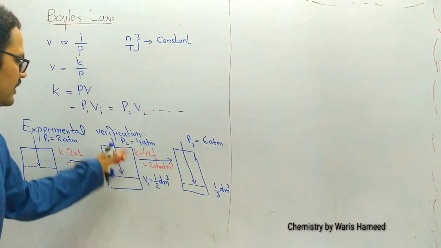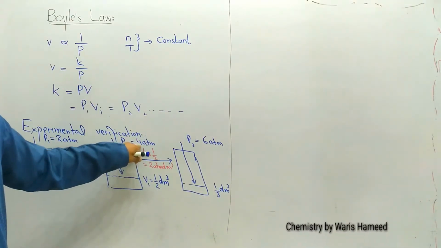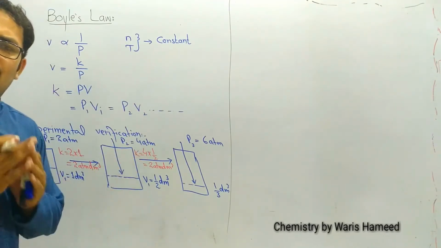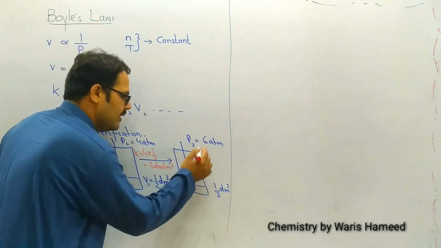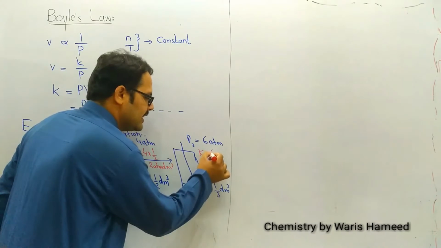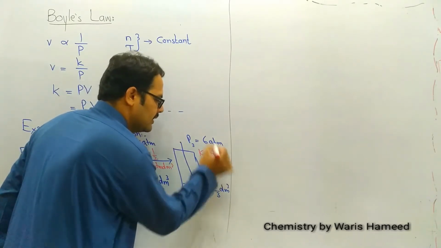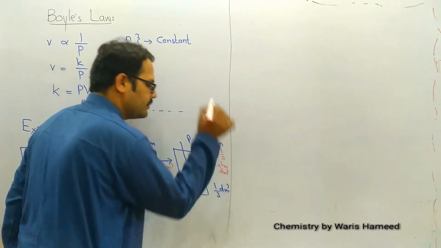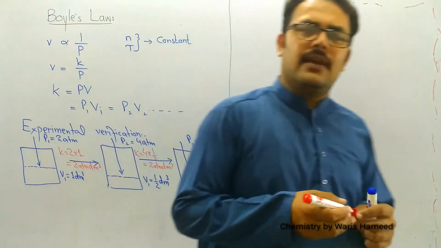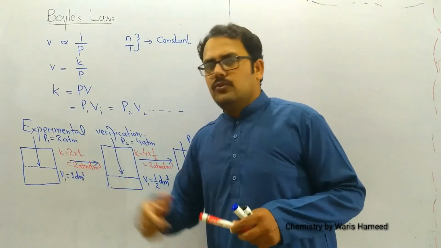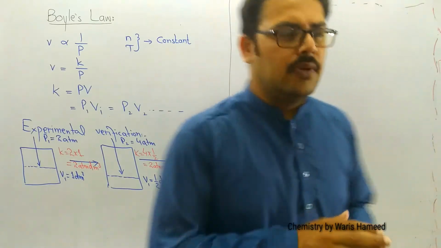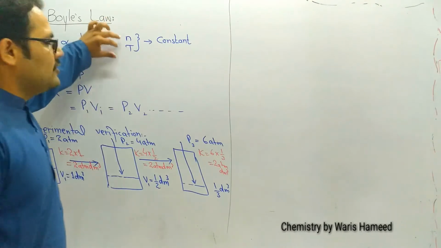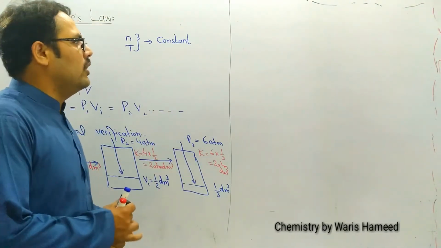Now you can see that if we increase the pressure at the same condition, same number of moles and temperature, the K constant will be unaffected. Here K is equal to 6 multiplied by 1/3, then its answer will be 2 atm dm³. Again, the K constant has the same value and it is equal to 2 atm dm³. Now, Boyle's law is verified if there is no change in temperature and number of moles.